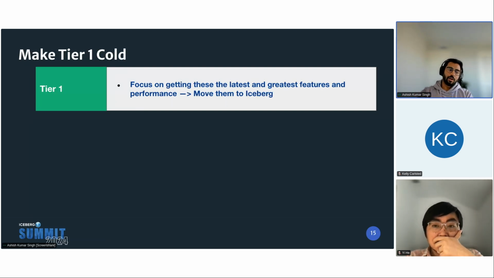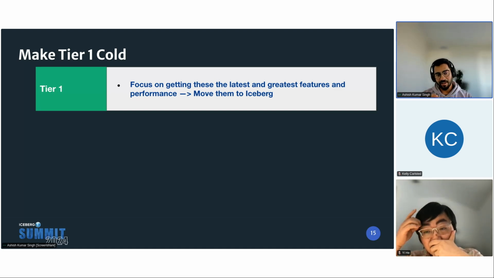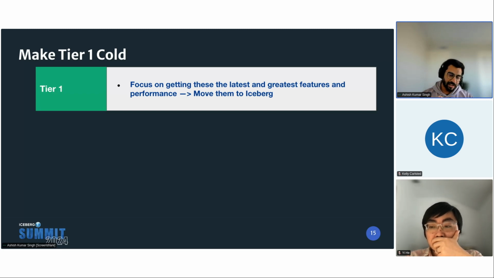We can look at how these tables are used, like what columns are accessed, and the query patterns, and essentially build our roadmap so that we can make tier one really performant and efficient.